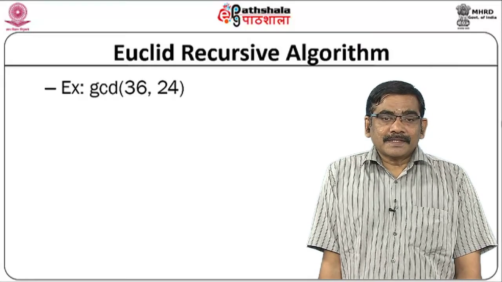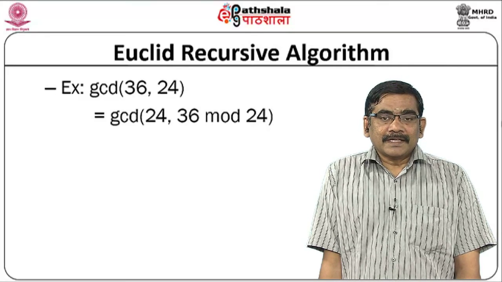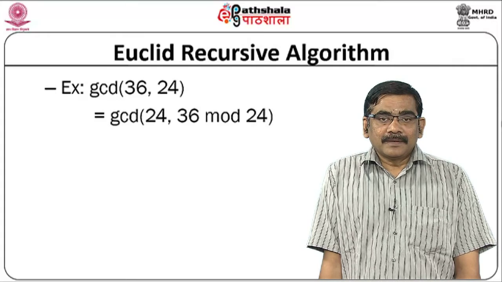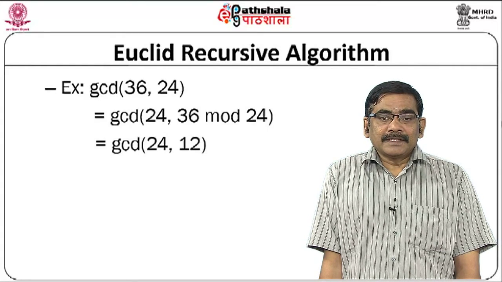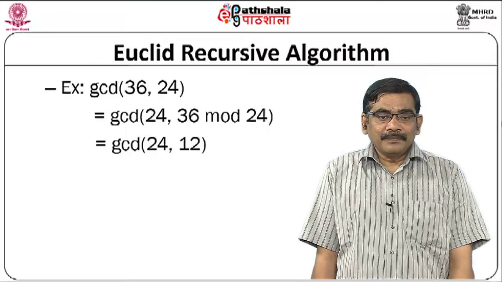So it becomes GCD of 36 comma 24. Recursively, this is GCD of 24 comma 36 mod 24. 36 mod 24 is the remainder, so that is going to be 12.